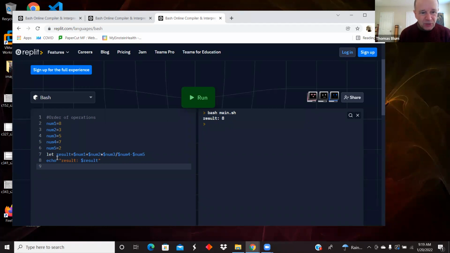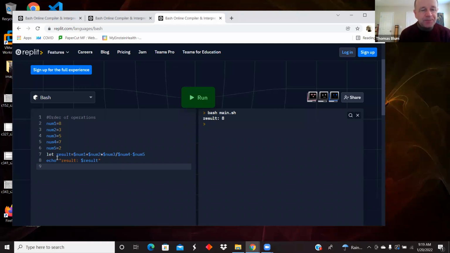So that was 3 times 5, we get 15. Then we did an integer division, divided that 15 by 7, and that is 2 with a remainder of 1, but we're not asking about the remainder, so that's 2. And so that middle portion is 2. Then we go back and add the num1, so that was 8 plus 2, and then we subtract num5, which was 2.